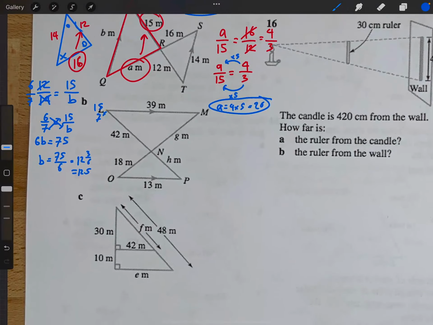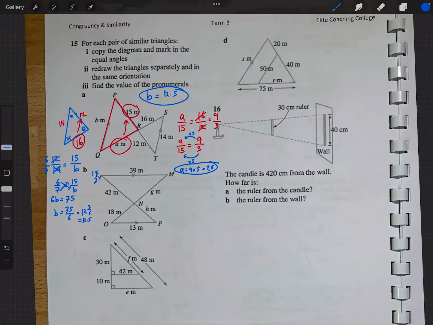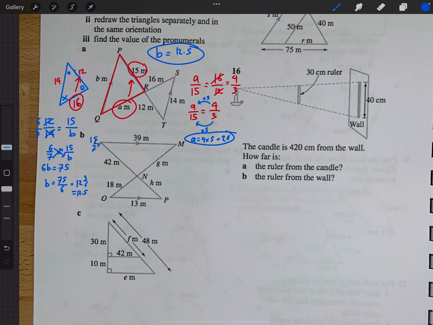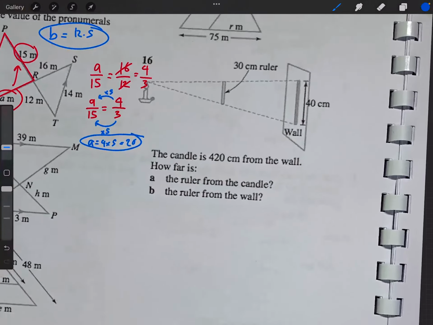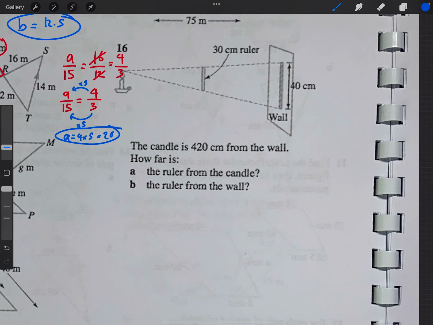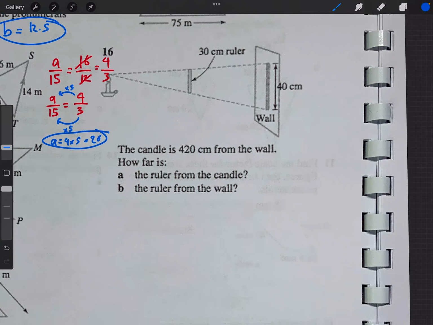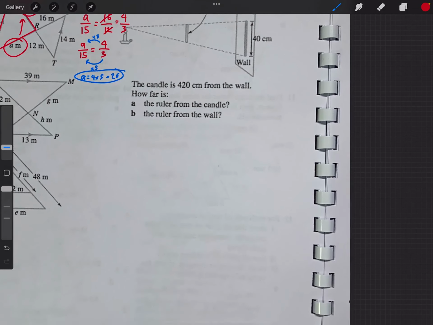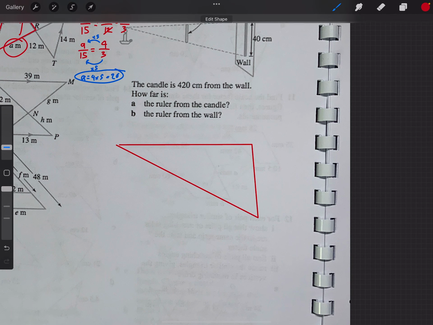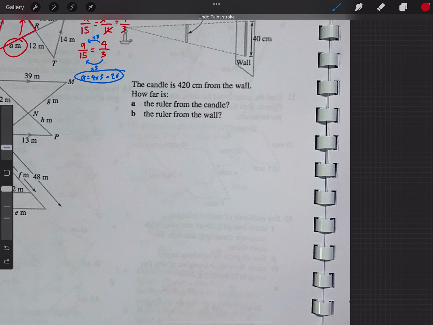Okay, next one. These are the same thing. You can do those by yourself. I'm going to do question 16 now. Alright, so question 16, I'm going to redraw this. So what you have is two triangles. That's the first, oh actually that's a bad drawing there.